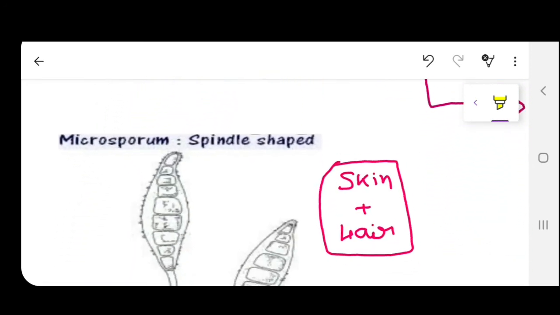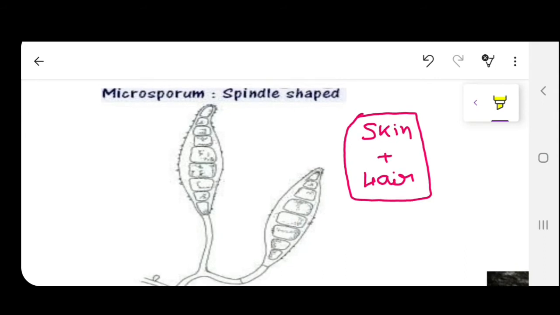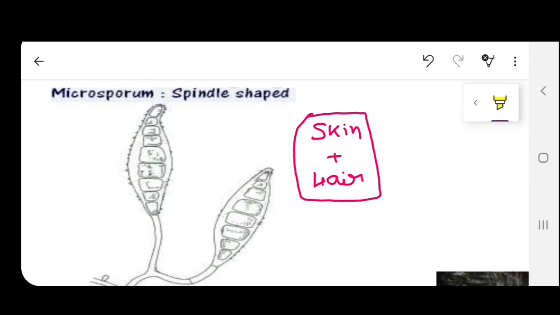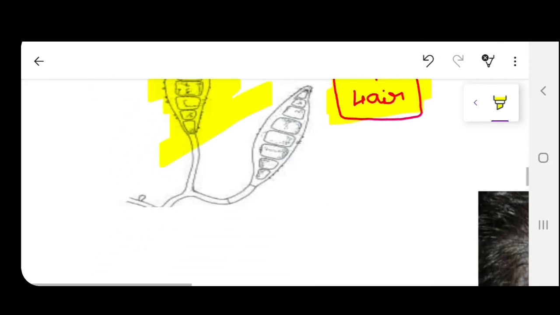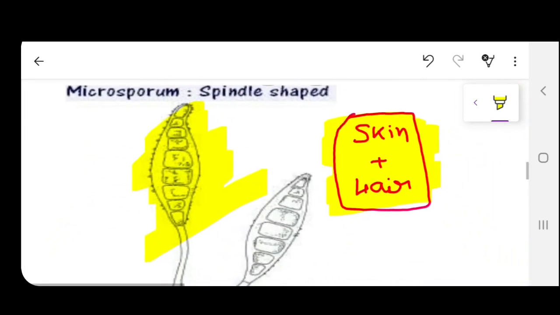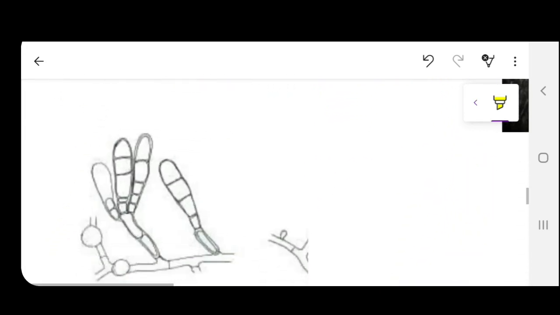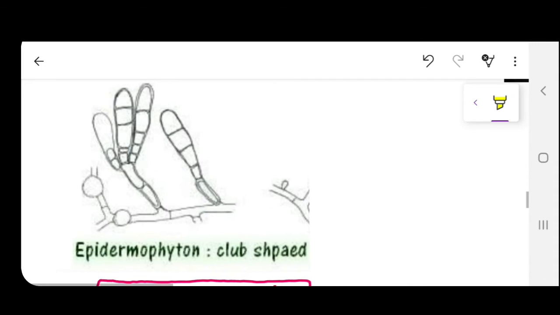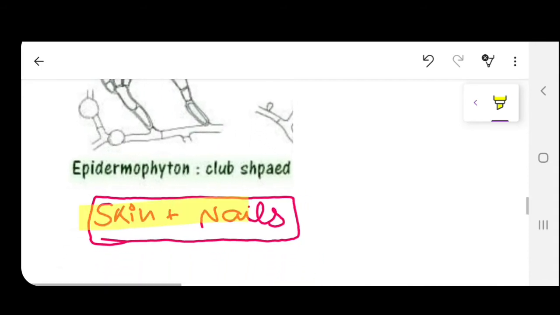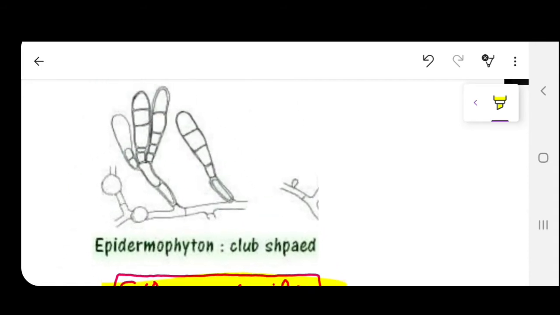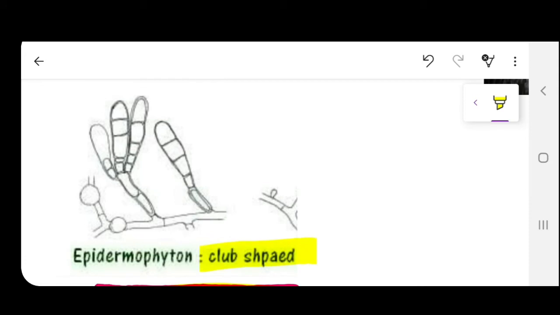Coming to the next, this is Microsporum, which includes skin and hair, and these are spindle shaped. Now these are Epidermophyton, which include skin and nails, and these are club shaped.